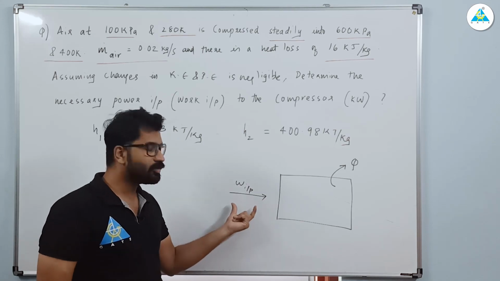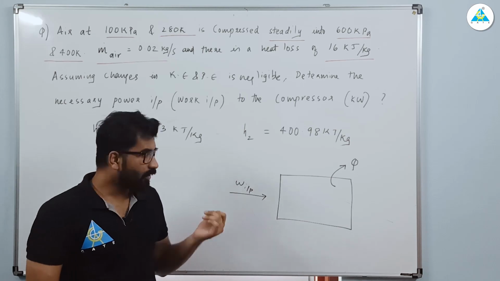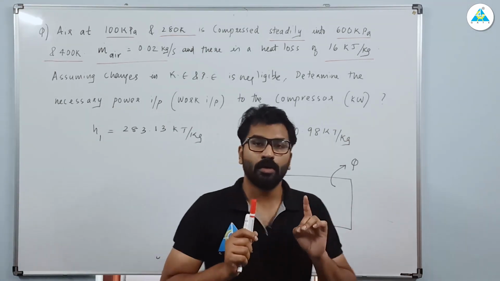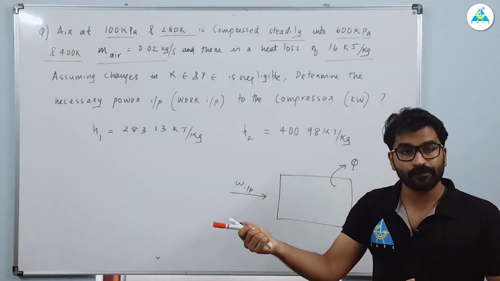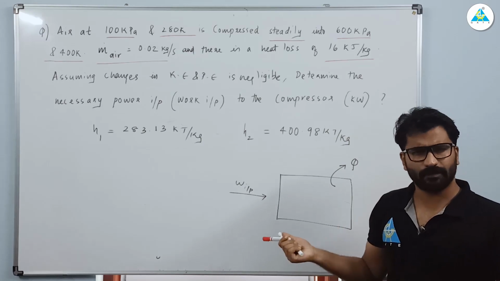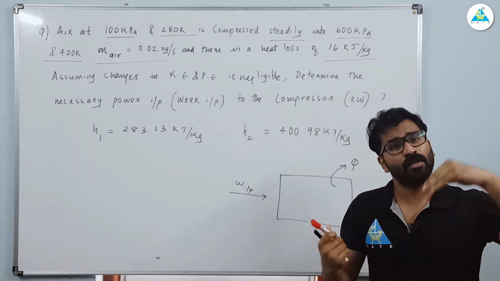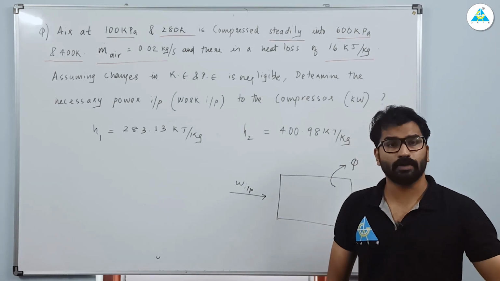Now what should be the work input, right? यही calculate करना है हमें. Now remember, you can easily solve this question based on our equations in closed system, if the system was closed system. Clear? Because P1, T1, P2, T2, everything is given, and if you have that relation PV power something is equal to constant, you can solve the question.